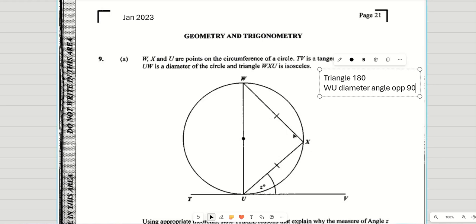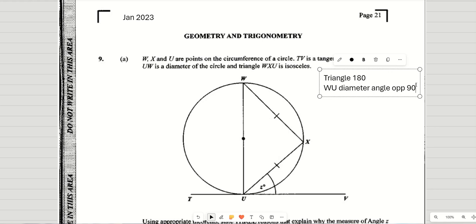Alright, so that means this angle here is 90 degrees. That is one of your theorems for circles, right? So if you have a triangle, and one of the sides is a diameter, the angle opposite that diameter in your triangle is 90 degrees.